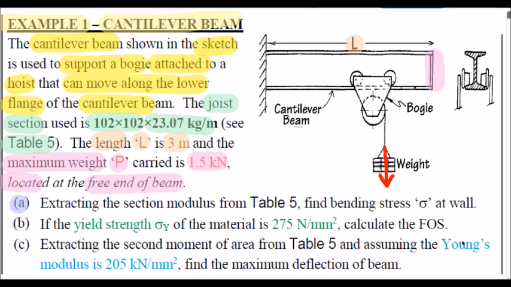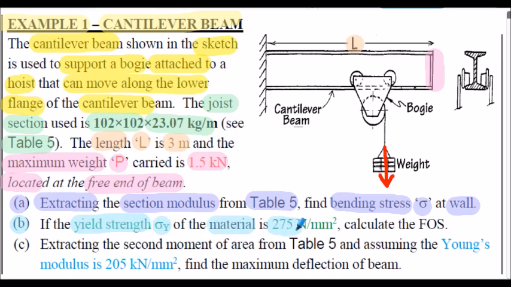So, part A, extracting the appropriate section modulus value from table 5, we've got to determine the bending stress, sigma, at the wall. That's the maximum bending stress in the beam. In part B, if the yield strength, sigma y, of the material used is 275 newtons per millimeter squared, we've got to calculate the factor of safety.